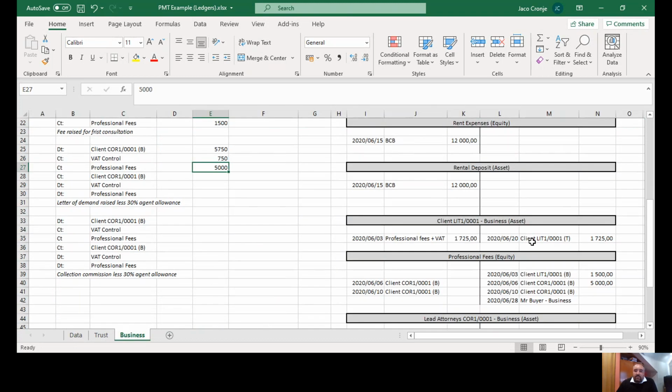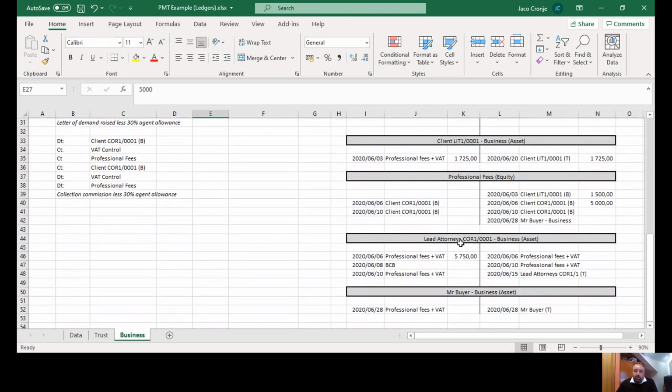Basically I said lead attorneys on the business side owe me 5,750 because I've done that. But they don't actually owe me that. They only owe me 70% of that, because 30% is the allowance that I've allocated to them. So I need to now reflect that you owe me 30% less.